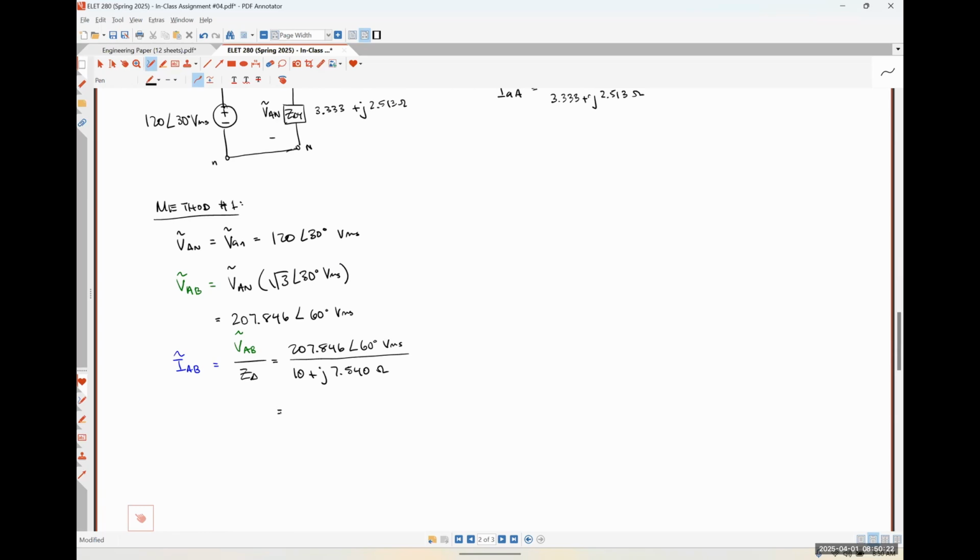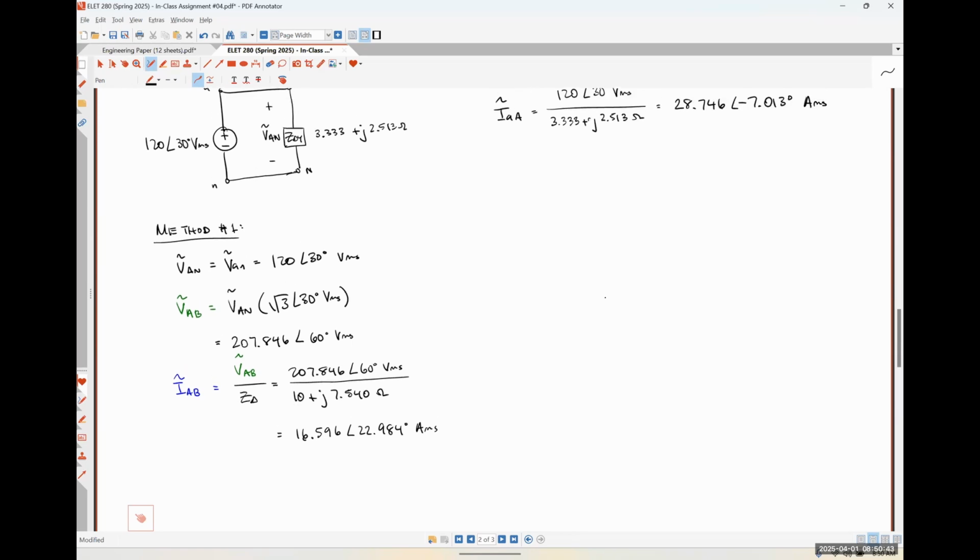And I got a current of 16.596 with an angle of 22.984 degrees amps RMS.